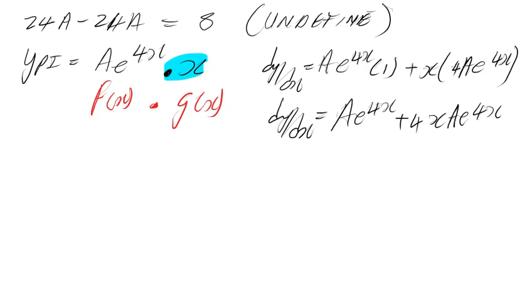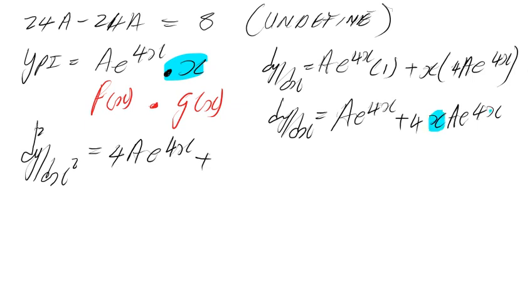Okay, then the second derivative of this will be equal to, so you differentiate this one, you'll get 4ae^4x plus, this one is a product, you see it has two variables of x. It's a product as well, so we're going to keep the 4 outside.